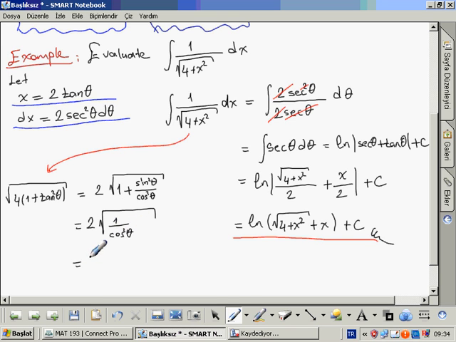And so it equals 2 times 1 over cosine theta, so it equals 2 times secant theta, and it comes from here.